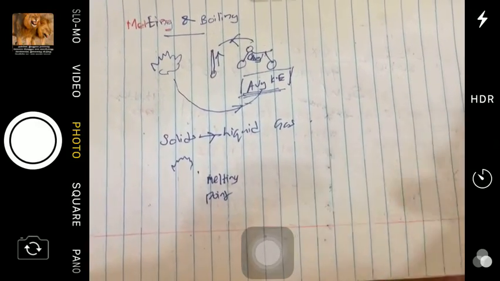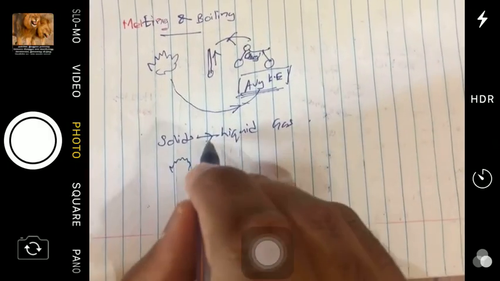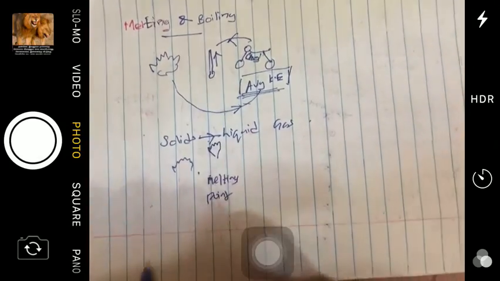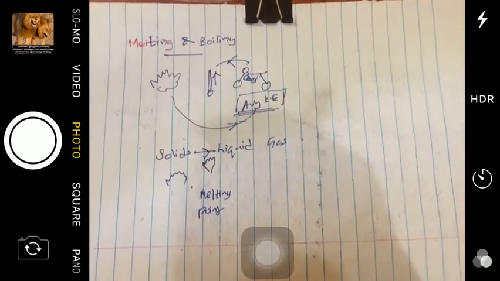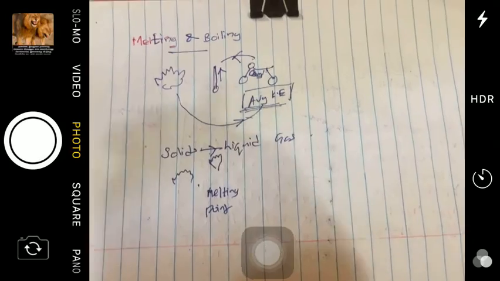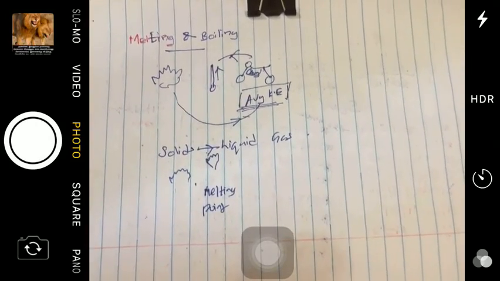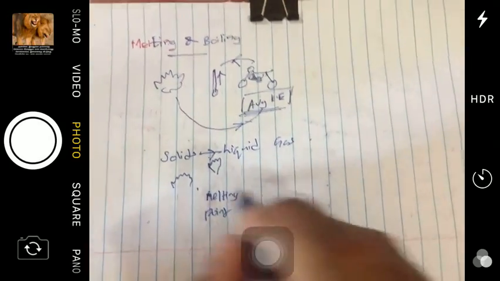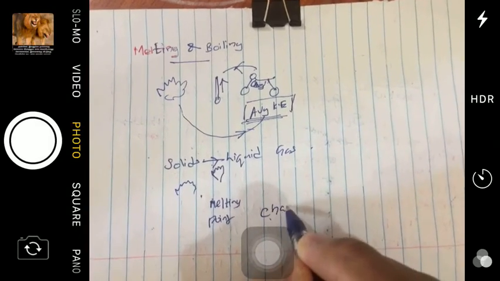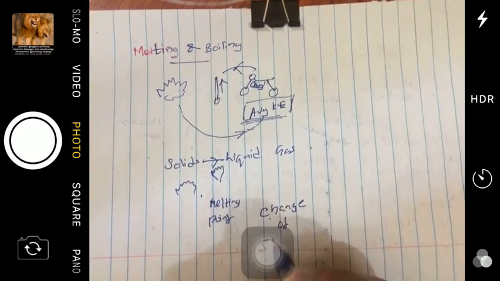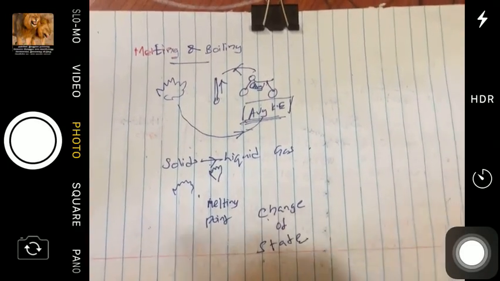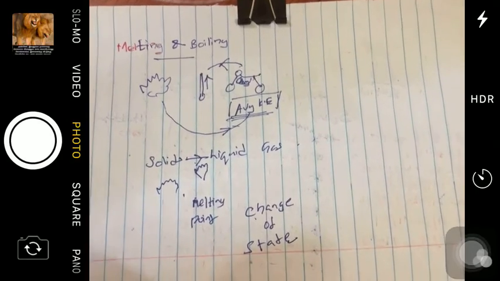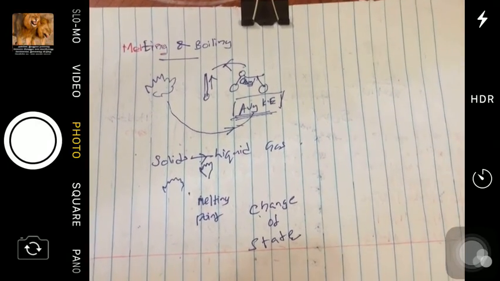Now during this process of melting also you will be giving heat. But the heat that is given during the change of state will not be used for a change in temperature.